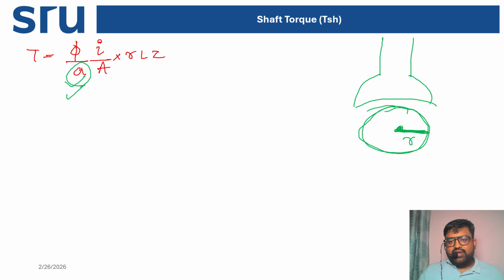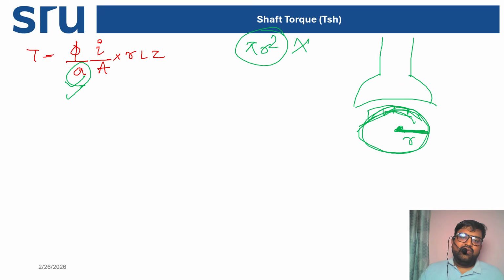If we consider the area of the circle, the area of the circle is pi r square. But in pi r square, only the peripheries are connected to the poles. The circle, all the parts are not connected. This is a conductor. That's why we only have to consider the periphery. So this pi r square we will not consider. We will only consider the circumference of the conductor.